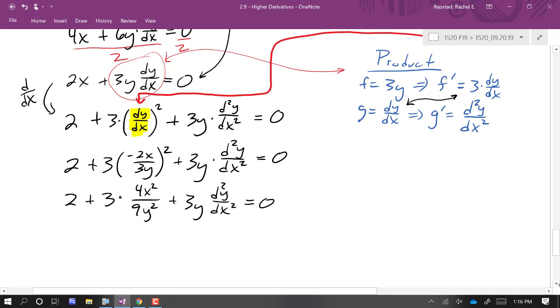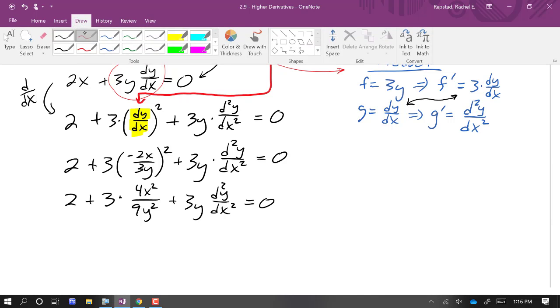So what I like to do is front load that work and simplify as much as possible and then clear denominators. Then when I isolate and divide, I don't have fractions inside of fractions anymore. Kind of avoid that pitfall. So 3 goes into 9. We can reduce this product here.